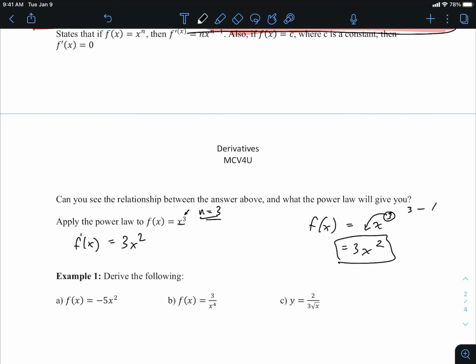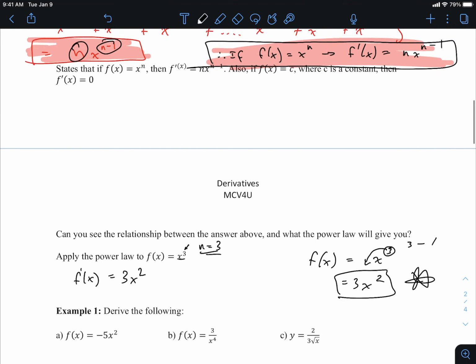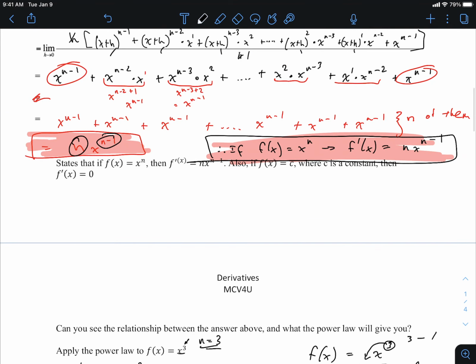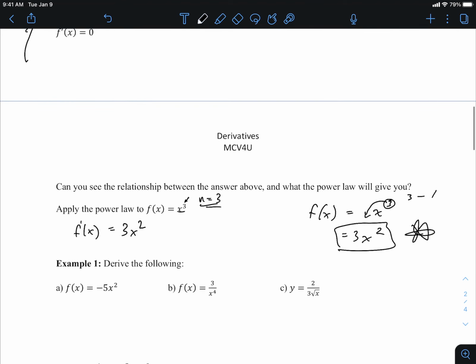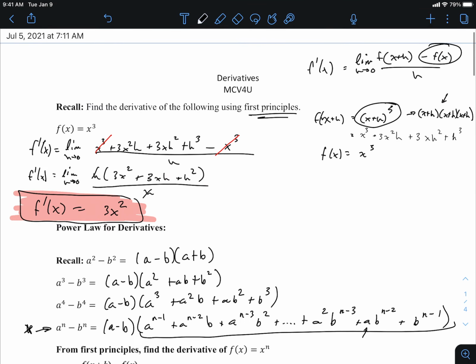Okay? This is your power law, and this is the why it works. Much easier than, you guys saw, using first principles. Look at all this work we had to do to get to this answer.